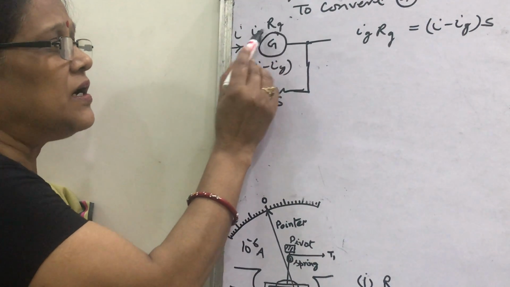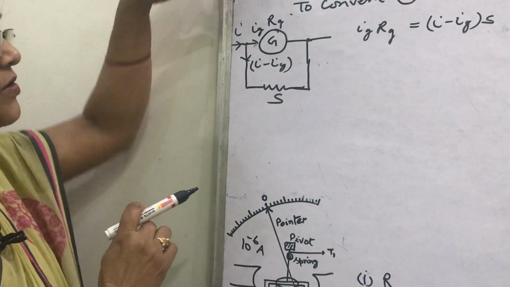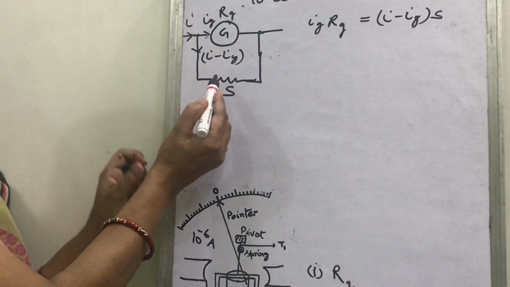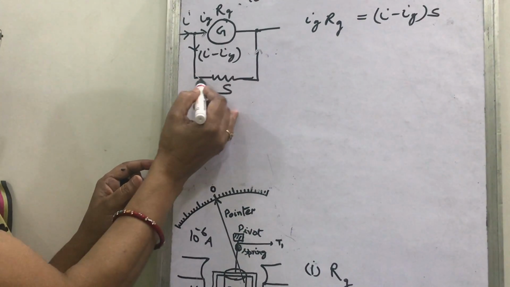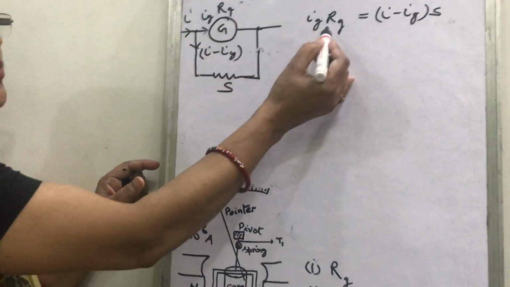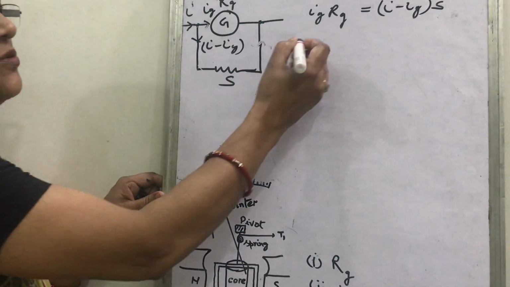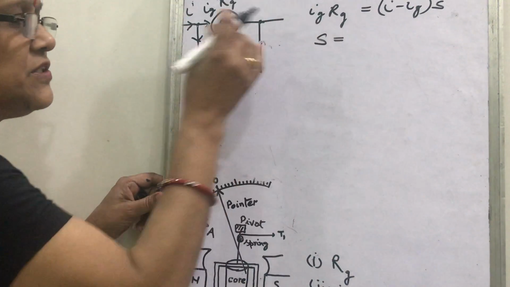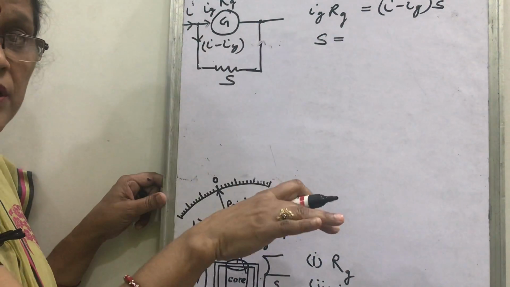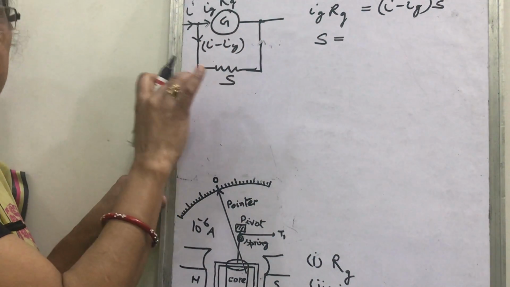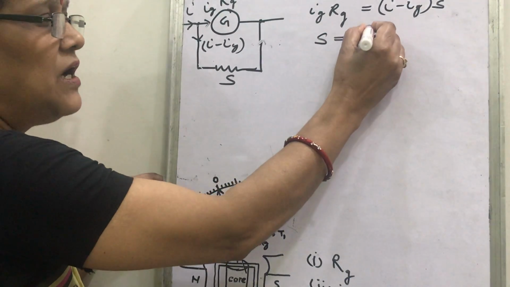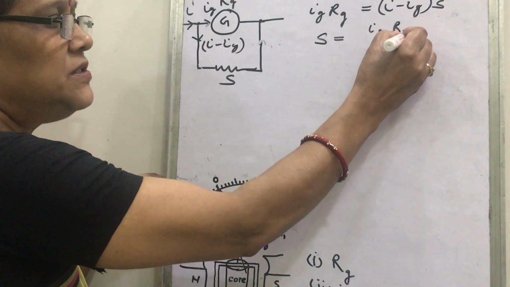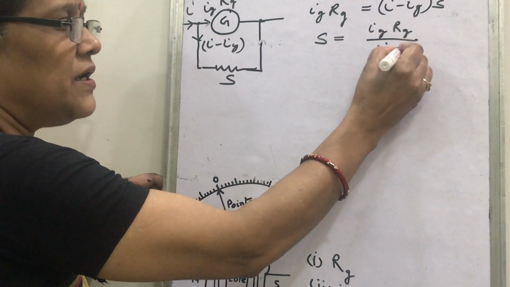Ig into Rg is the potential difference across these two points, and S into I minus Ig is the potential difference across the other two points. Both are the same, so we have equated them. So what value of shunt is required to convert a galvanometer into a given range of ammeter? This S is Ig into Rg upon I minus Ig.